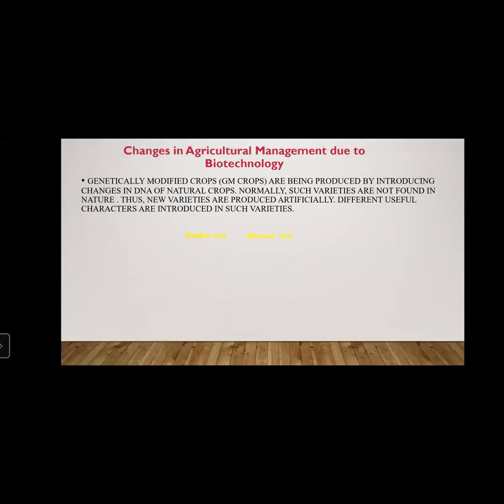Changes in agricultural management due to biotechnology. Lot of changes are coming up in the agricultural management because of biotechnology. The plants that are modified using biotechnology are also called genetically modified crops or GM crops.